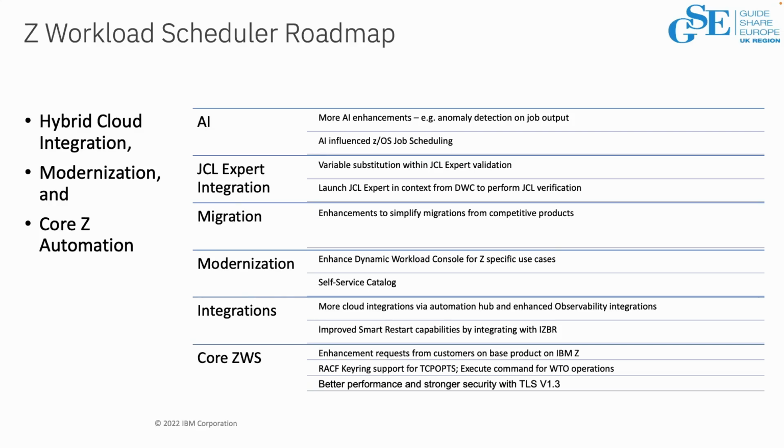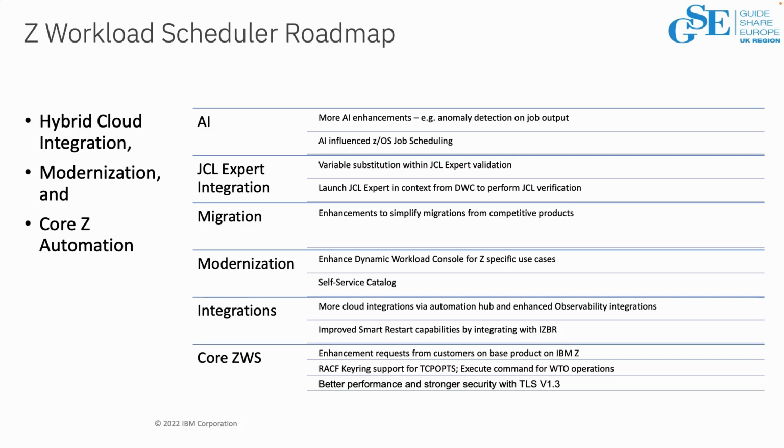We are planning to improve the integrations that we have with IZBR, another important tool provided by IBM. And on the core Z workload scheduler part, we will provide support for enhancement requests coming from customers. We have just released in December with the SPE the RACF queuing support for TCP/IP options, so for TCP/IP communication between Z components.